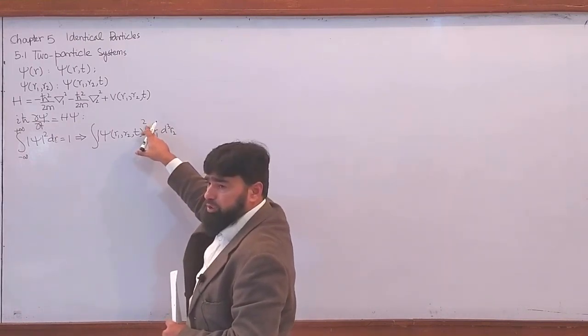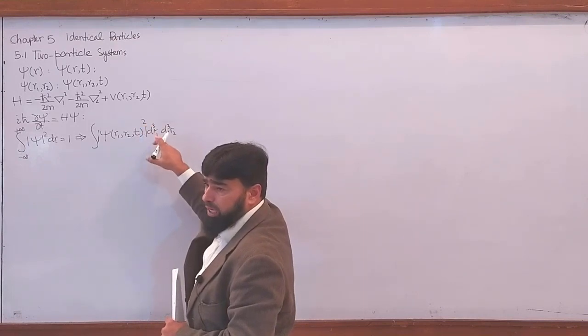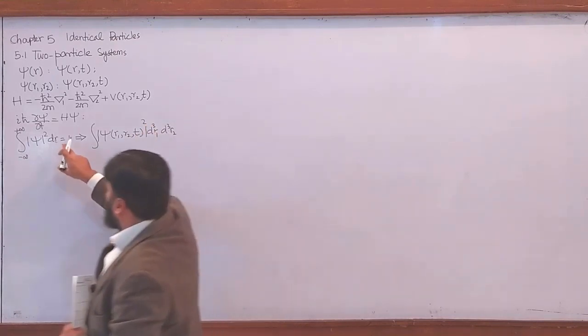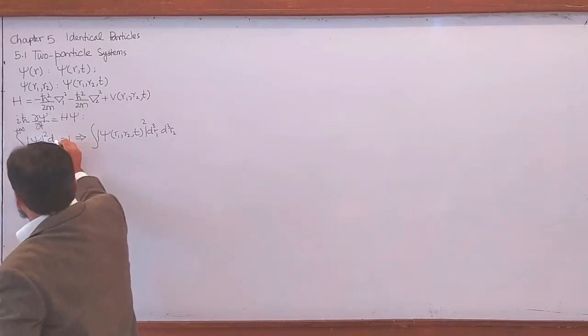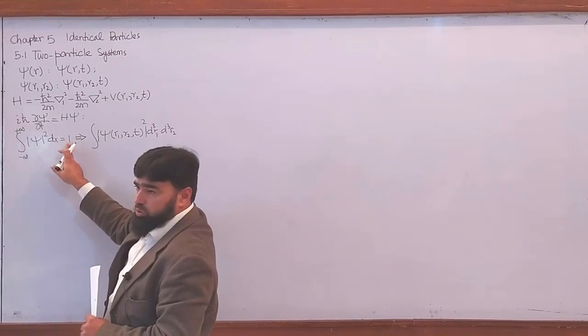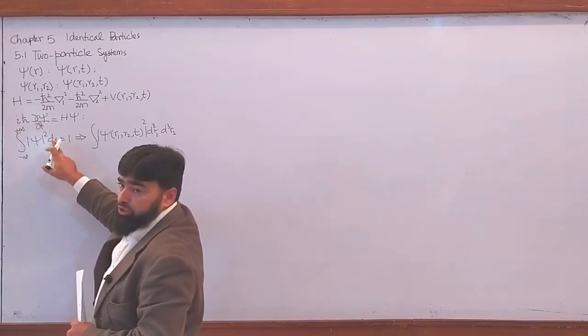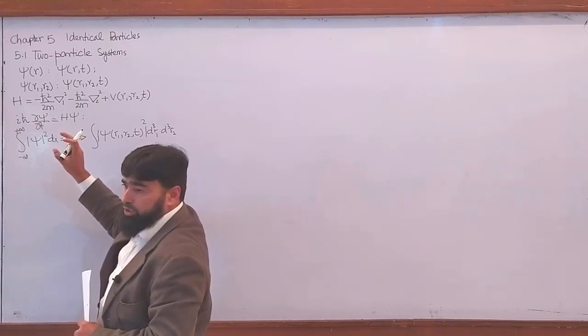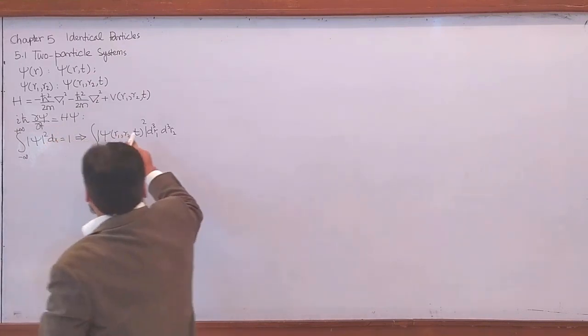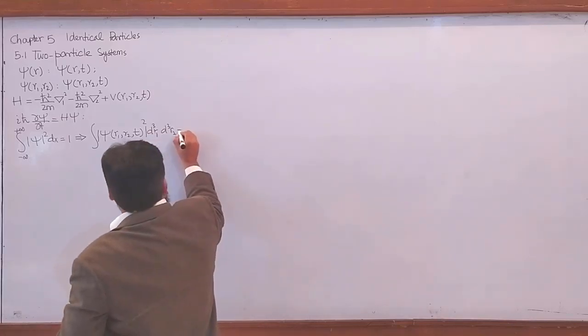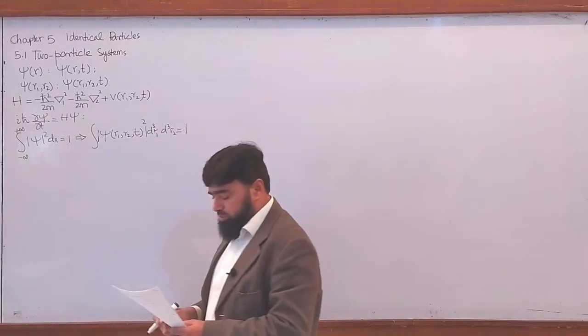Because three dimensions of r are there, x, y, and z. Earlier we were writing dx. Now this will be dx, dy, dz. So three dimensions.